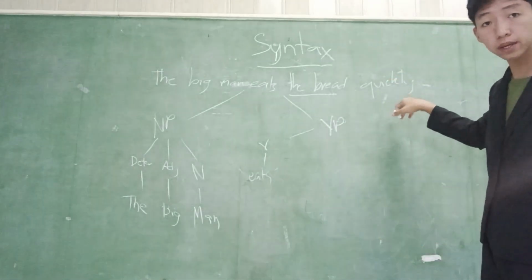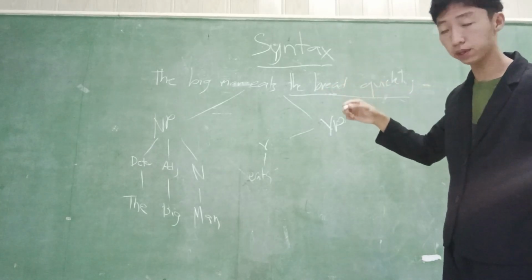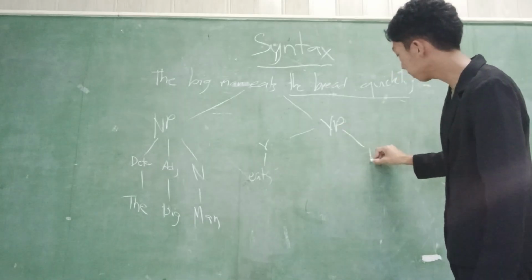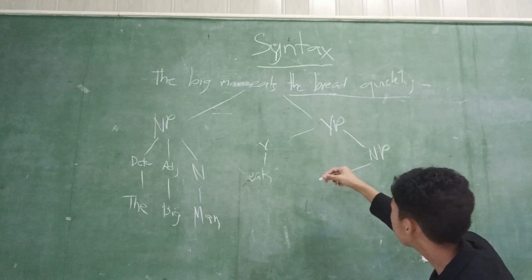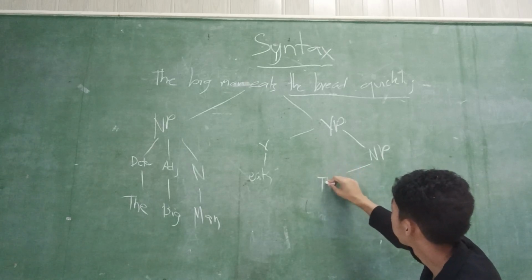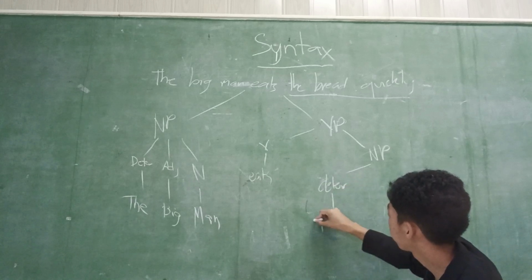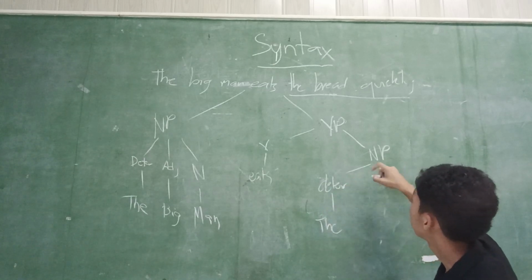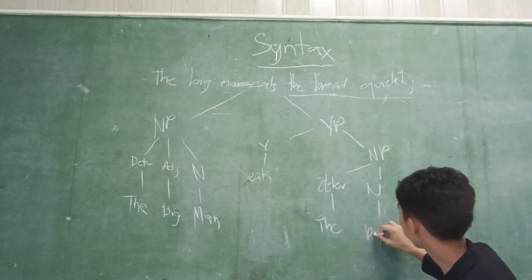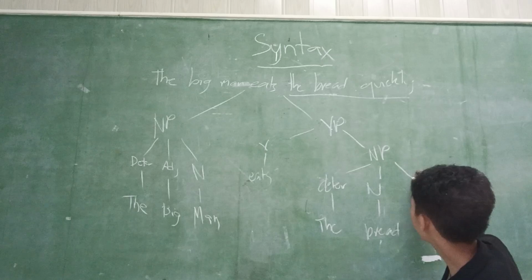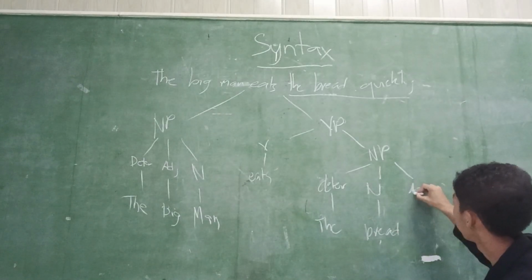Now that we have the word quickly, the bread quickly is still considered a noun phrase. So we have here the noun phrase. And then we have the determiner, the, our noun, bread, then we have our adverb, which is quickly.